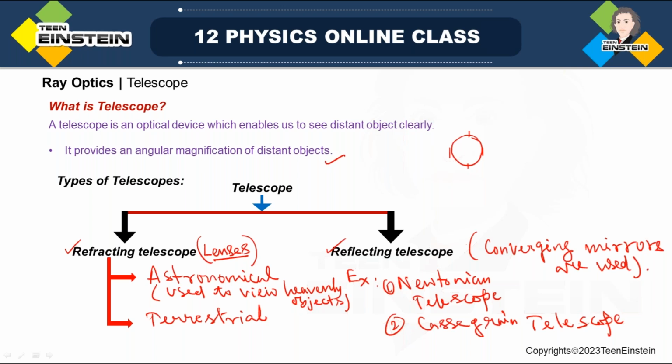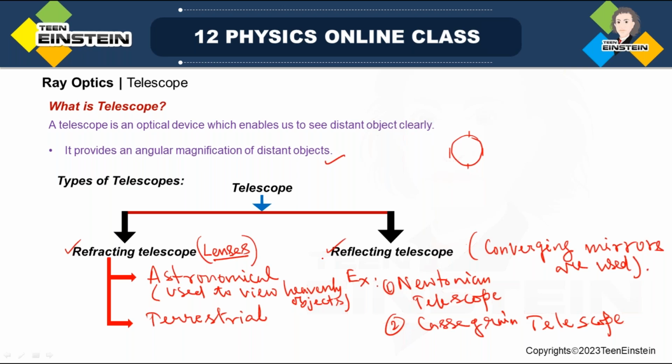But in case of terrestrial telescopes, the final image formed is an erect image. So it is necessary. Suppose you are watching some cricket match from a little far in the ground, but you see a player running in an inverted way.